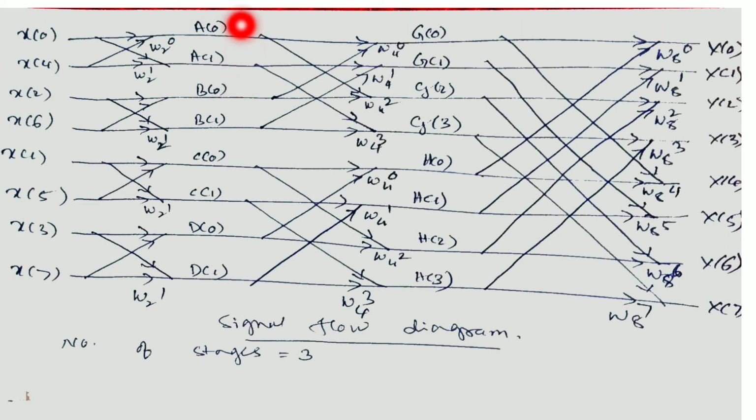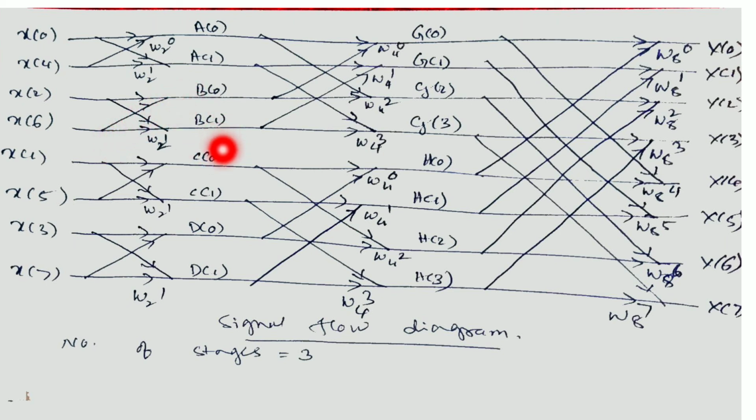And let us look at this. A of 0 is equal to x of 0 plus x of 4 into w2 power 0. Similarly, a of 1 is equal to x of 0 plus x of 4 into w2 power 1. Similarly, b of 0 is nothing but x of 2 plus x of 6 into w2 power 0.